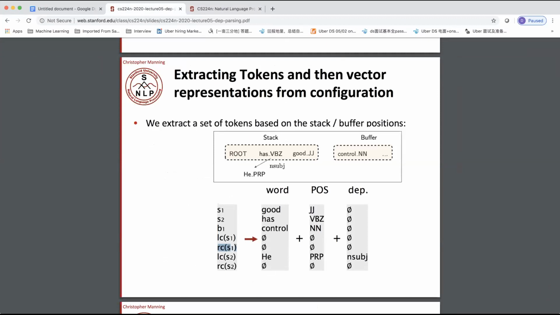Yeah, no matter if it's a middle stack or not, even if you add control over there, it doesn't come with a dependency relationship, because you cannot go from good to control, right? But the purpose of this neural network is to fail and learn, right? So it doesn't know which can go and which cannot.